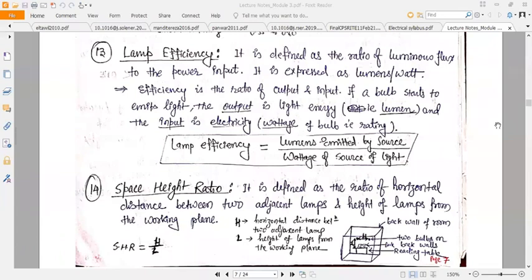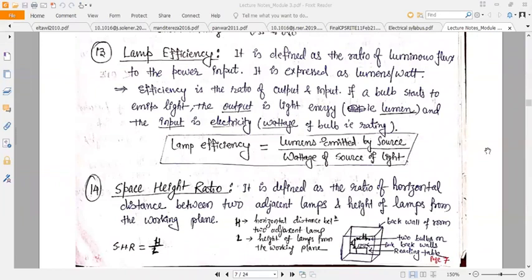Okay, the next term is the space height ratio. What is this space height ratio? नाम से तो सिंपल पता चल रहा है कि it is a ratio between two distances. Okay, ये distance क्या है?